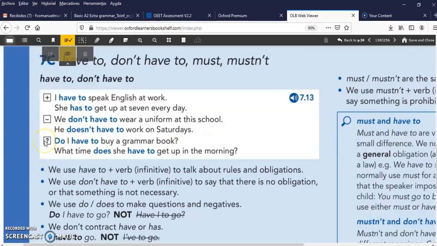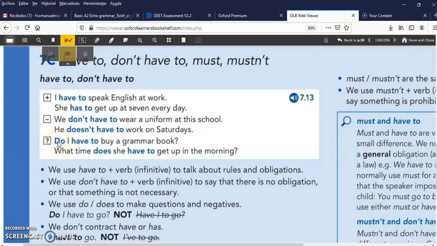Os fijaréis que, a diferencia de otros, el do I have to es un semimodal. It's a semimodal verb. Why am I saying that? ¿Por qué digo esto? Porque tiene el significado y la función de un verbo modal, pero a la hora de utilizarlo en una frase, funciona como un verbo normal.